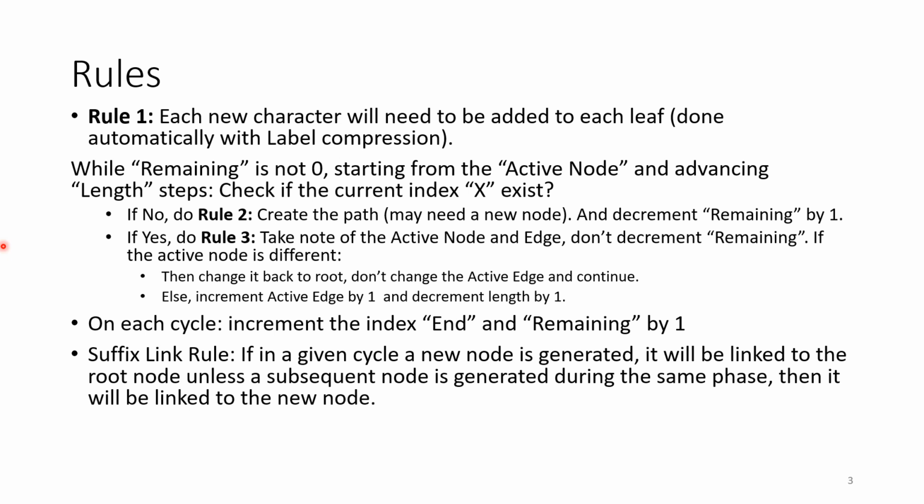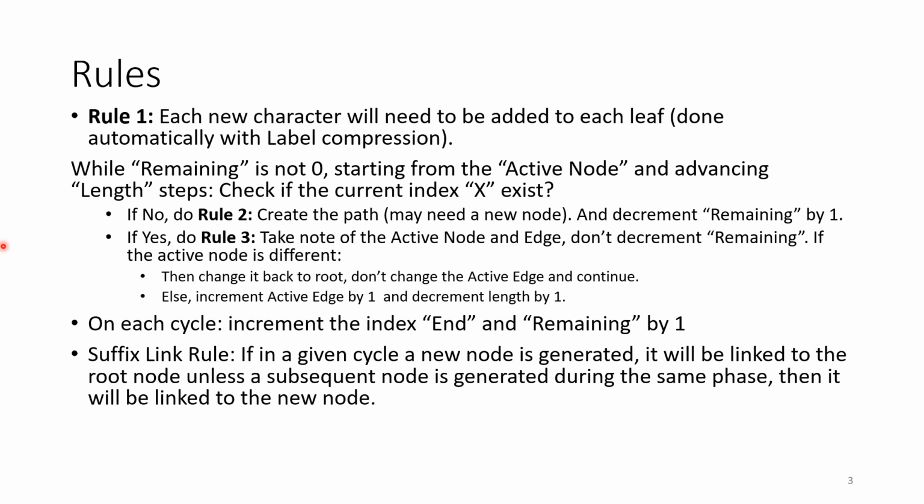On each cycle of the main loop, we will increment an end variable and the remaining variable by 1. We have another special rule which is called the suffix link rule.